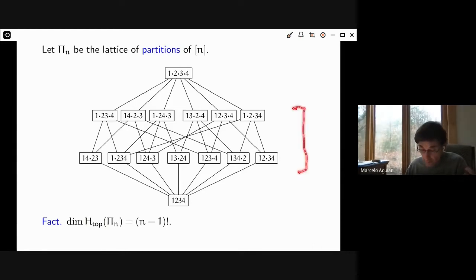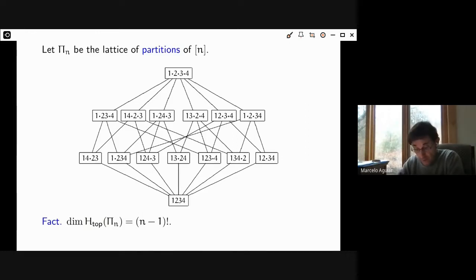We have a one-dimensional space. And this homology group that I should be looking at, that I'm denoting by h top, is really the one at the top dimension. So when n is 4, this is h1. It's always h sub n-3, the (n-3) homology group of the order complex of this poset. And the dimension is the same as the dimension of the space Lie_n that we had on the first slide.